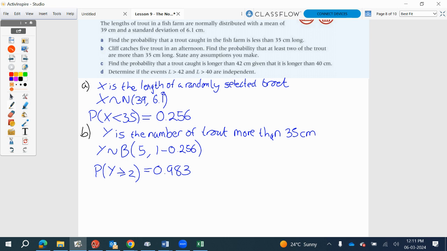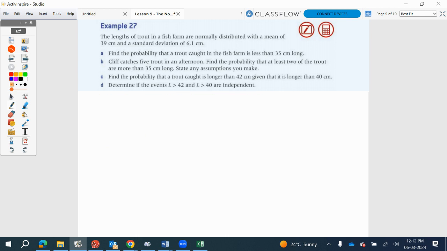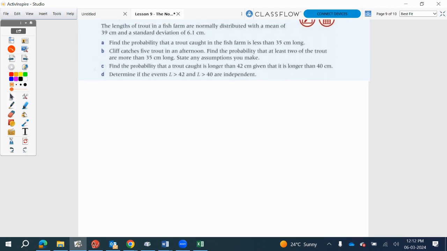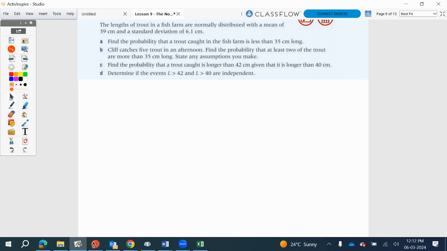Okay, C. Find the probability the trout caught is longer than 42 centimeters, given that it is longer than 40 centimeters. Do I have another space for this one? Diagrams. Yeah, we do it here. Now, how do Venn diagrams look for normal distributions?